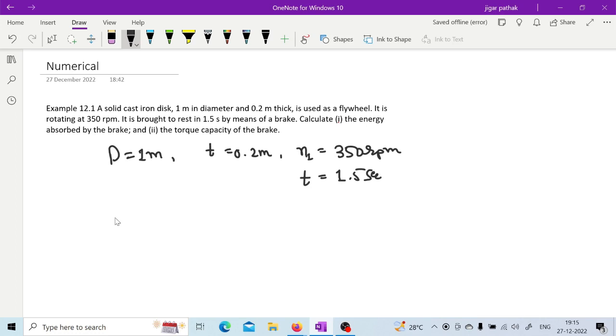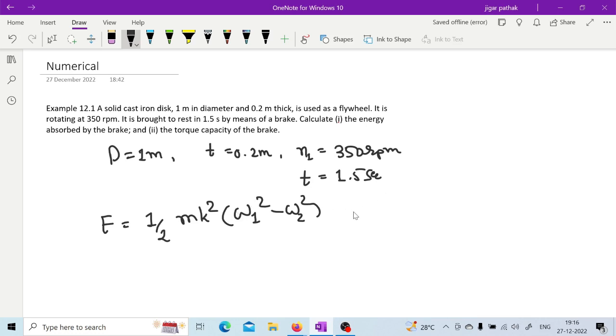At first you have to calculate the mass of the disc. Yes, density into volume, correct. Because while calculating this energy, you have to go by this equation. mk² is nothing but the moment of inertia. So in order to have an idea about the energy absorbed, you first have to have an idea about the mass as well as the radius of gyration.